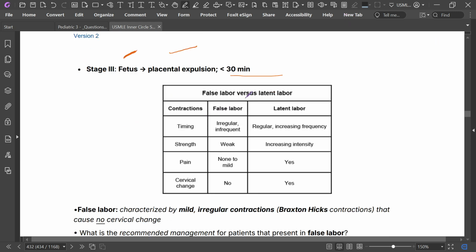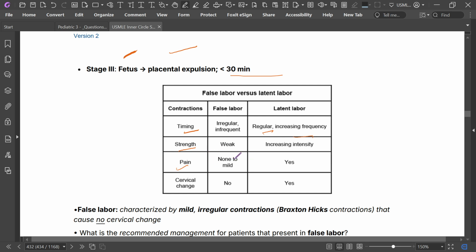Okay, false labor versus latent labor. False labor timing is irregular, infrequent, and latent labor is regular and increasing in frequency. Strength: false labor is weak and latent labor is increasing in intensity.